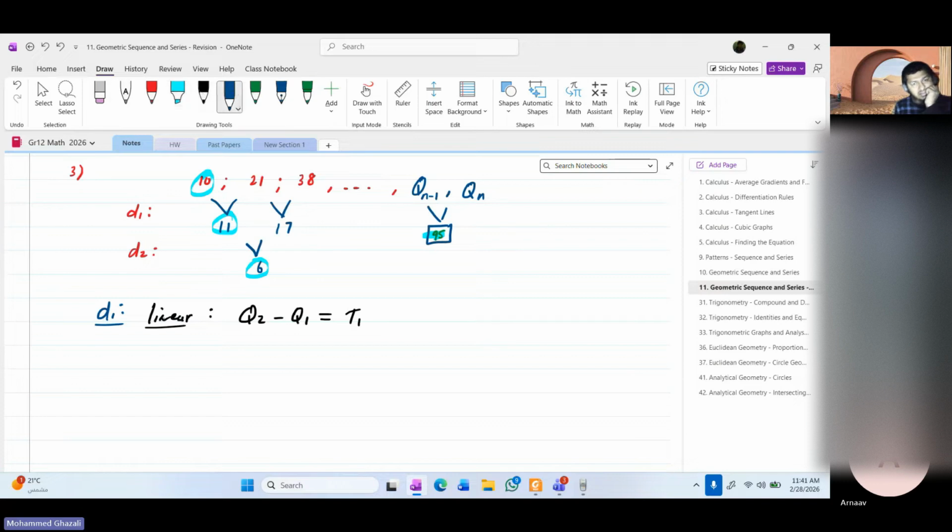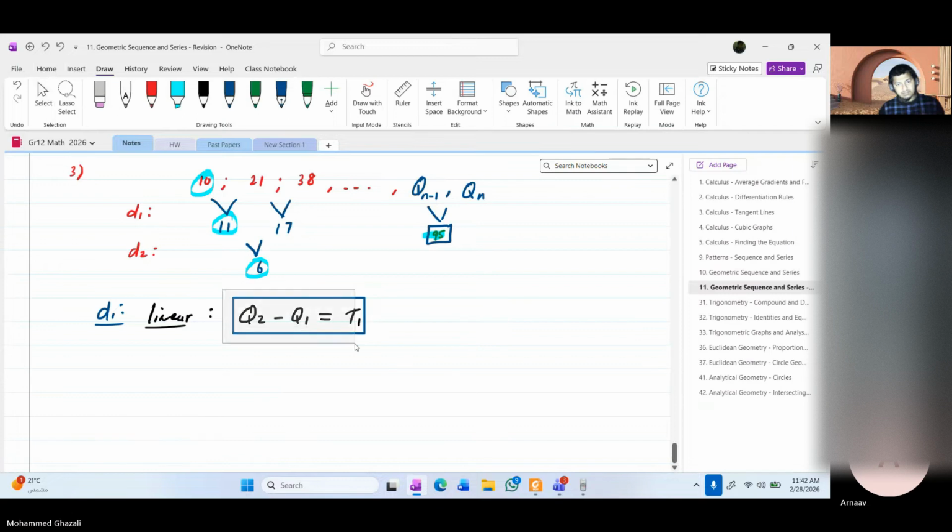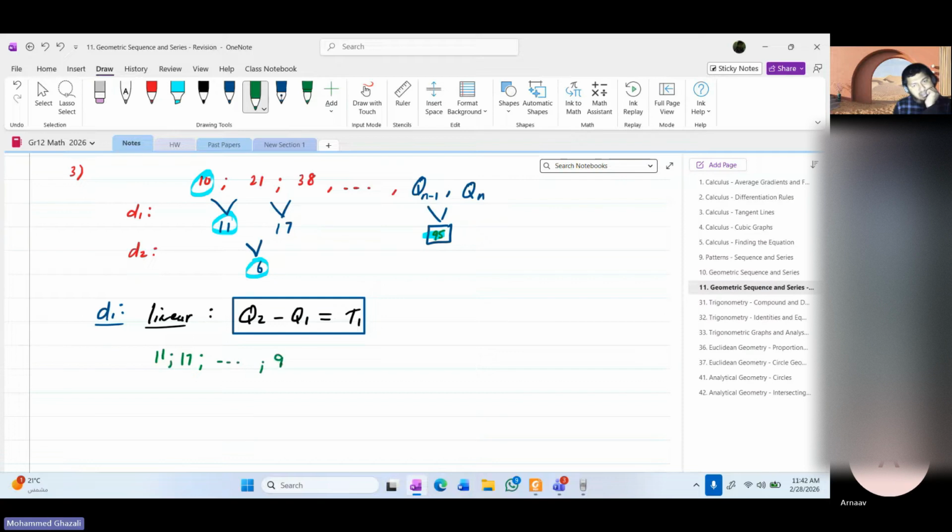So the linear pattern over here is 11, 17, and so on. And we're going to end up with 95 there. So what's your Tn formula? Tn is a plus n minus 1 d. So a is 11 plus n minus 1.